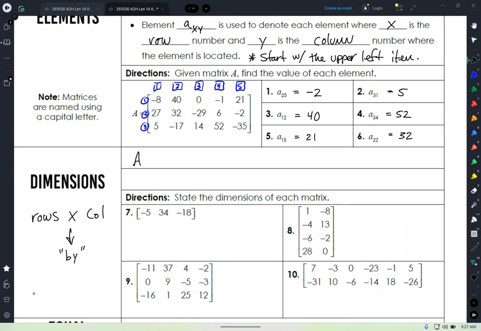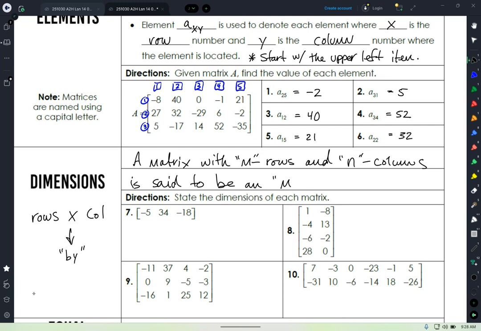So we will say a matrix with "M" rows and "N" columns is said to be an M by N matrix.